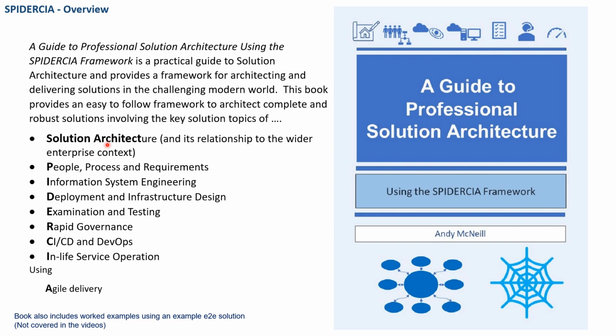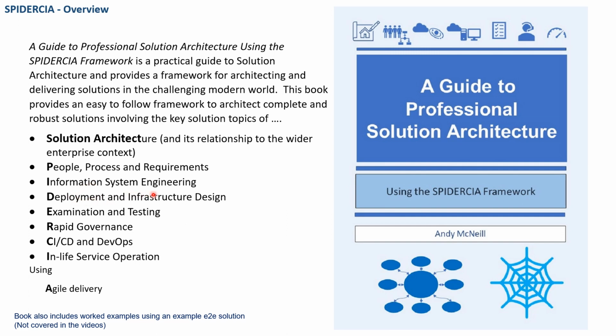And the elements around solution architecture, including people, process, requirements, which is who is driving the solution architecture with what business needs. The information system engineering, which is effectively what applications comprise the solution.